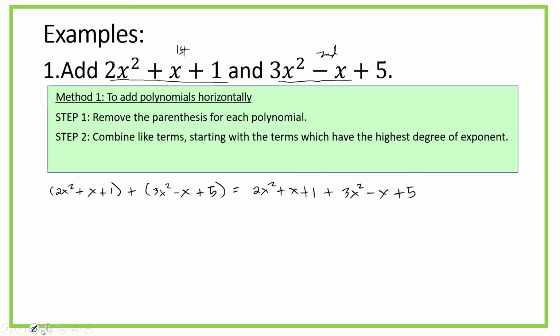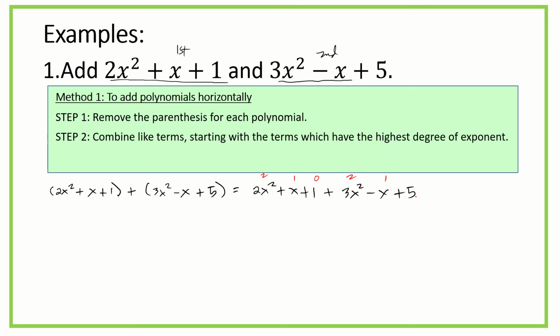Looking at this one, let's try to check the degree of each term. This is 2, this is 1, this is 0 because it's just a constant term. This one is 2 because the exponent is 2 for x. Here it's 1.